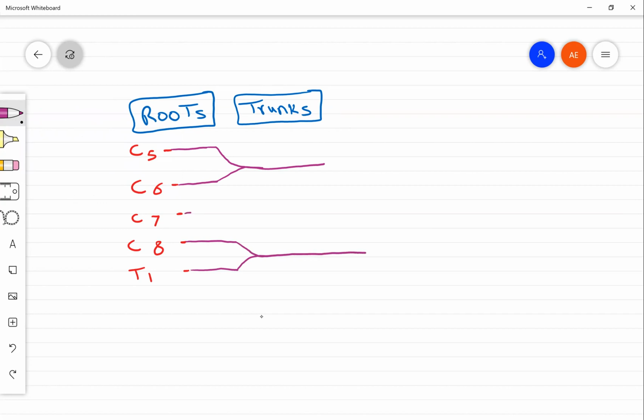And the C7 alone will form the middle trunk. So we have upper trunk formed by C5 and 6, lower trunk formed by C8 and T1, and middle trunk, which is formed by C7 alone. Excellent.